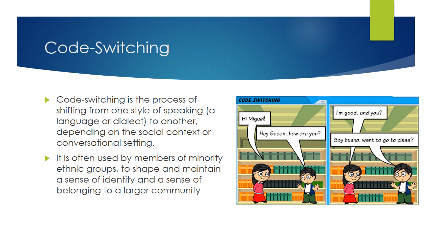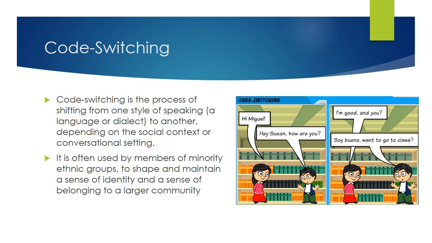So over here on the right hand side is a cartoon, and it has a young girl saying, "Hey Miguel," and he responds, "Hey Susan, how are you?" She says, "I'm good, and you?" And he replies in Spanish, "Soy bueno, want to go to class." So he's throwing these words in there in a sense to build a community feeling with this young person.